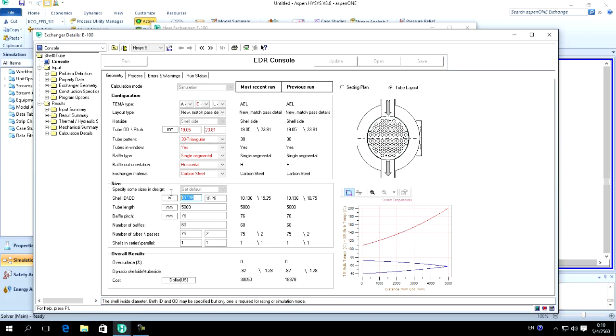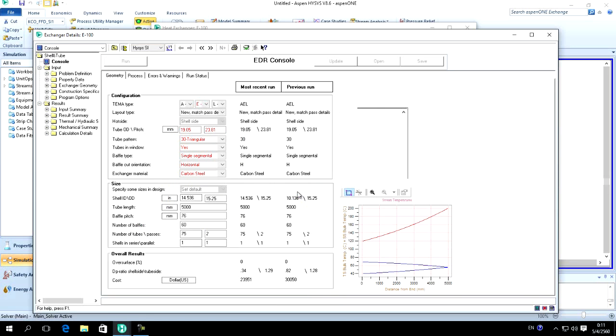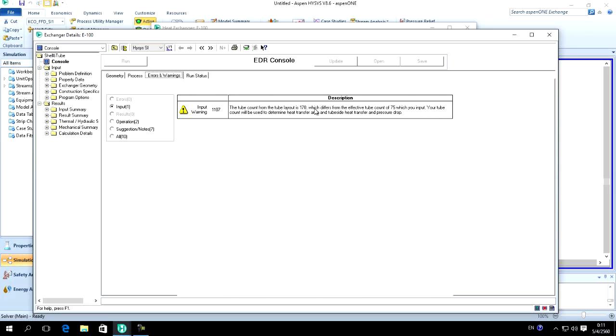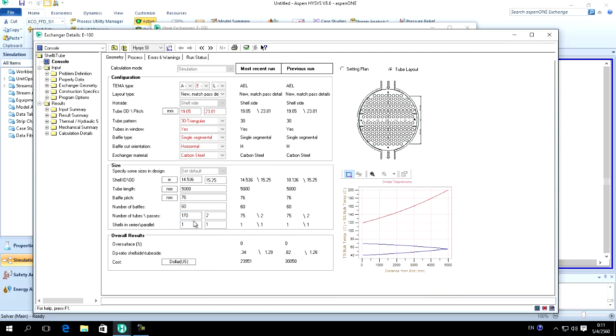And then the inlet. See, based on this, you can fit in many tubes. So let's check how many tubes they lay out. So it turned out to be 170. So I go back to input the number of tubes to be 170.